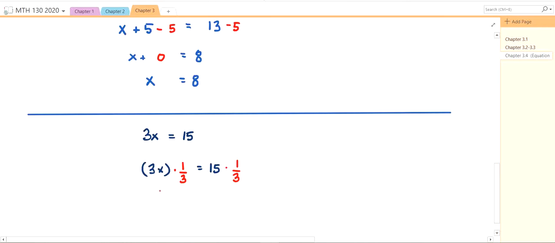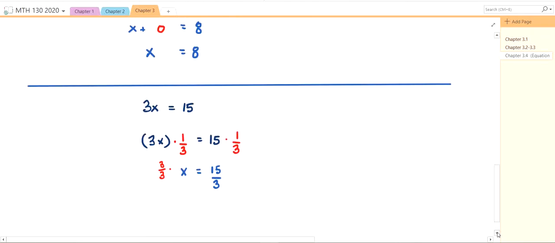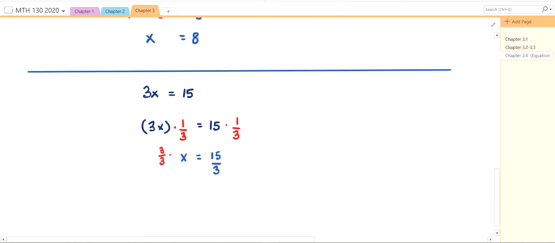So then I have essentially 3/3 times x equals 15/3. And obviously 3/3 is 1 times x, which is x. So now I've isolated x over here equals 15/3. And we could further reduce this. 15 divided by 3 is 5.